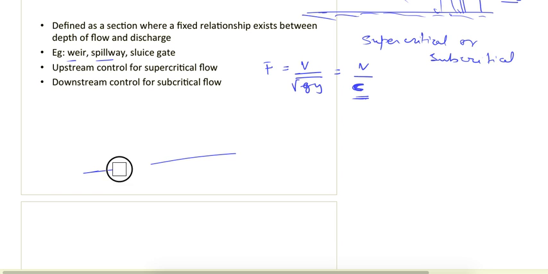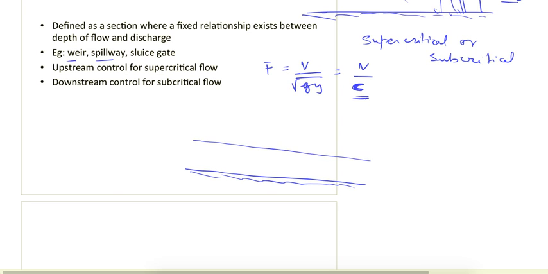So if we take a channel like this, now some flow is occurring in this channel at a velocity v. Now at some point I have created some disturbance here. Disturbance can be anything. If we are making a structure or anything, that will be a disturbance in the flow.